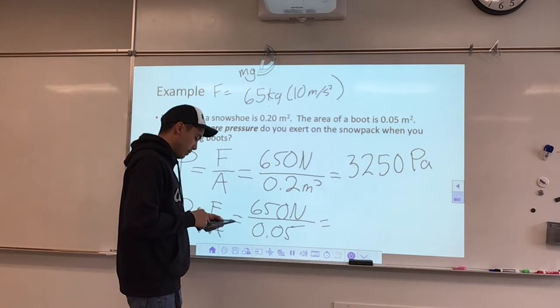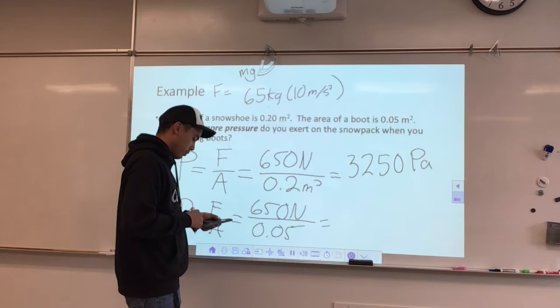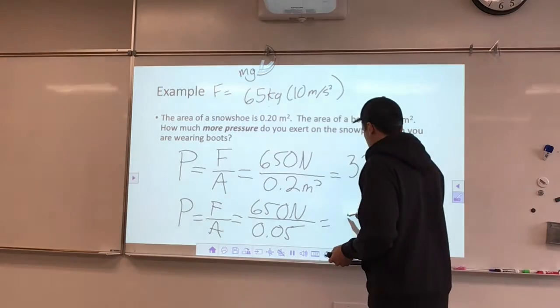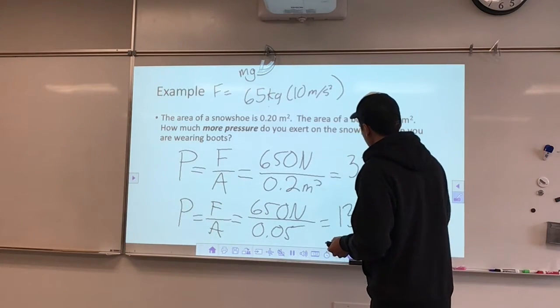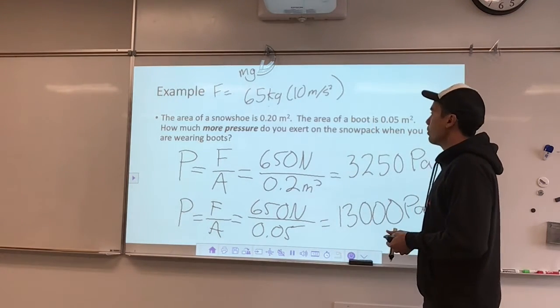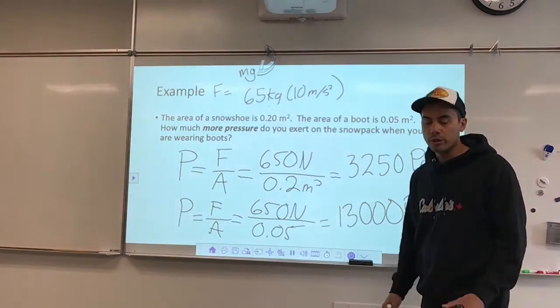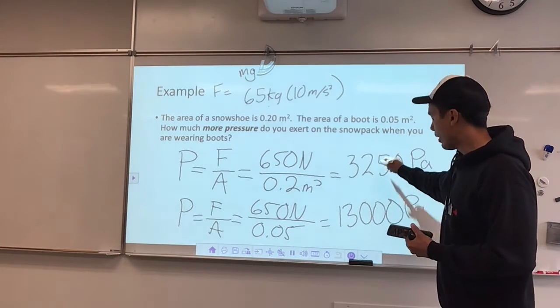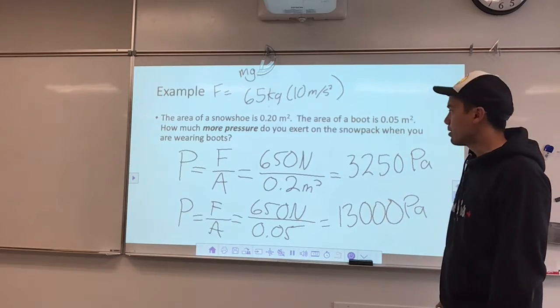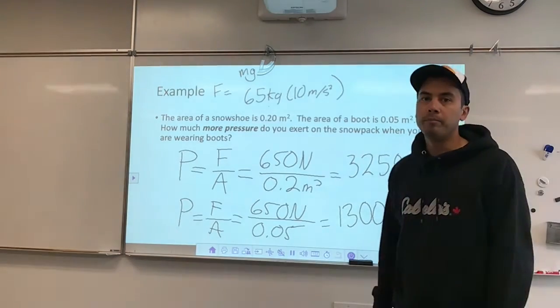So in this case, I'm going to go 650 divided by 0.05 equals 13000 pascals. So how much more pressure am I putting on the snow when I'm wearing boots? I'm just going to go that divided by that. 4 times as much. Kind of makes sense, right?